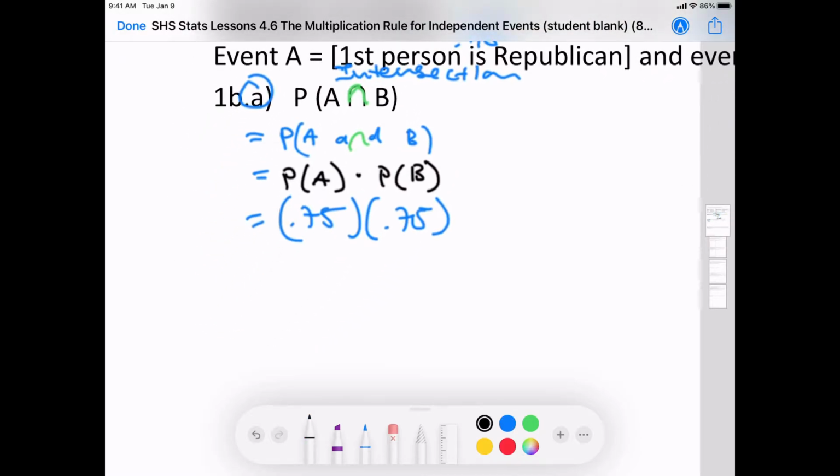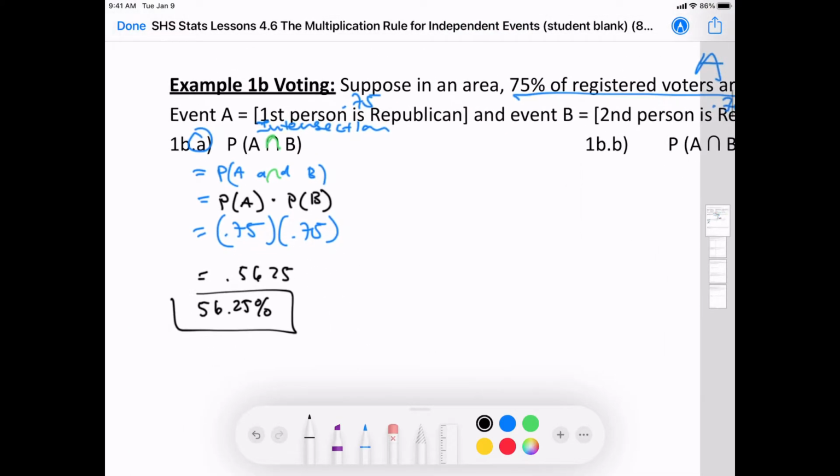If you multiply those, you'll get 56.25. There's a 56.25% chance that in this area, the first person I pick is a Republican, and then the second one I pick is also a Republican.